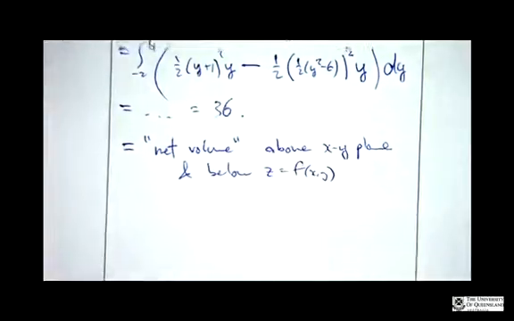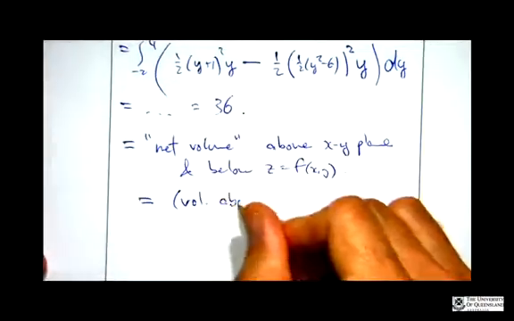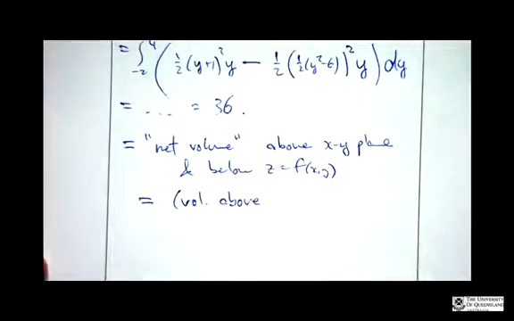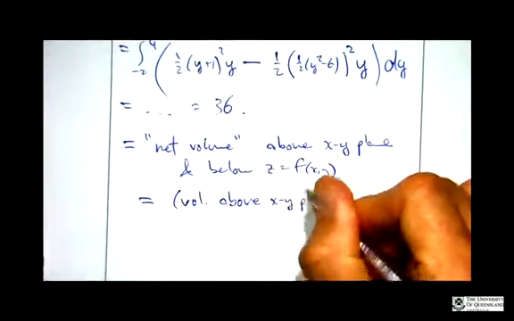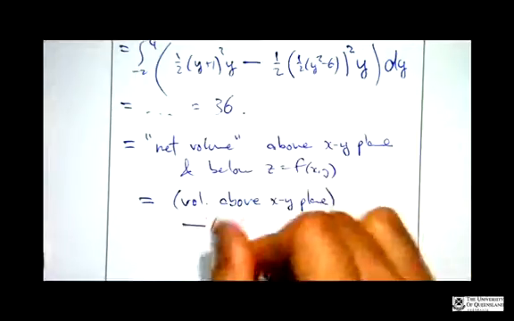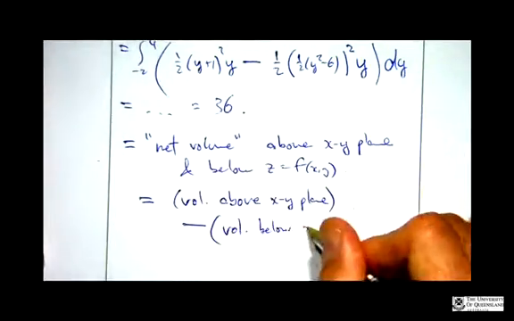But what I mean by net volume is literally the volume of the solid, or part of the solid, that sits above the xy plane, minus the volume below the xy plane.